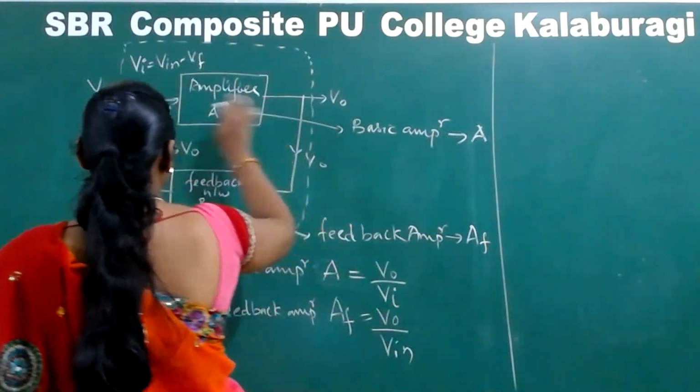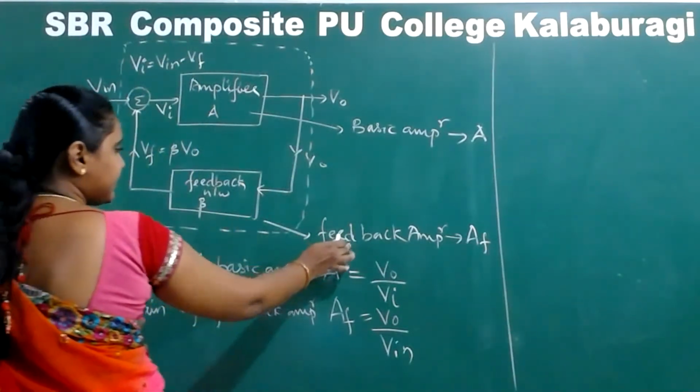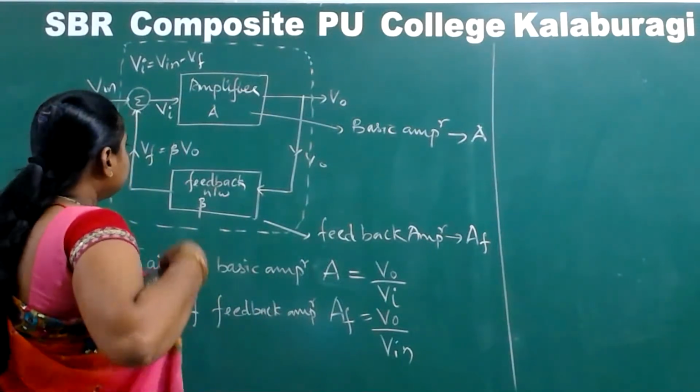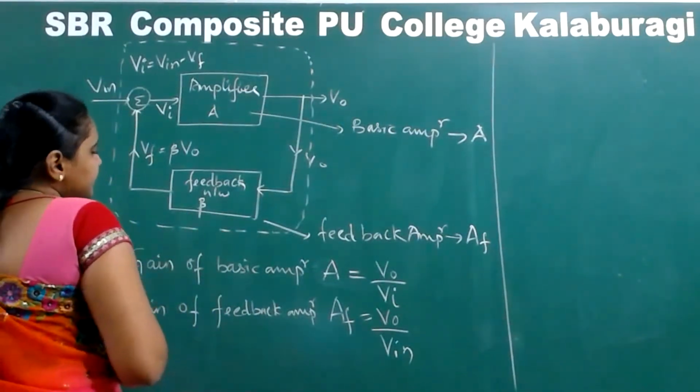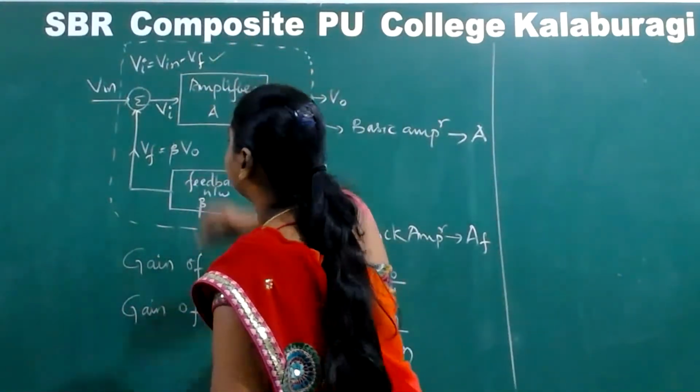Just to see here, V naught by Vi and V naught by Vin, because the entire unit is feedback amplifier. Okay, so these two things we have now. Now we will proceed with the expression written here.